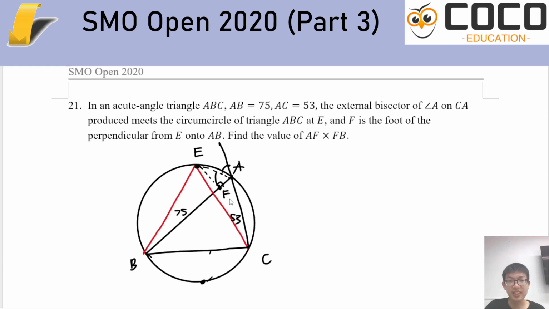So I think in this case, the information doesn't really make me want to do a giant length chase. The information makes me want to try to do something that makes the 75 and 53 a little bit more useful. And right now I know too few other lengths, and I know basically no other angles.